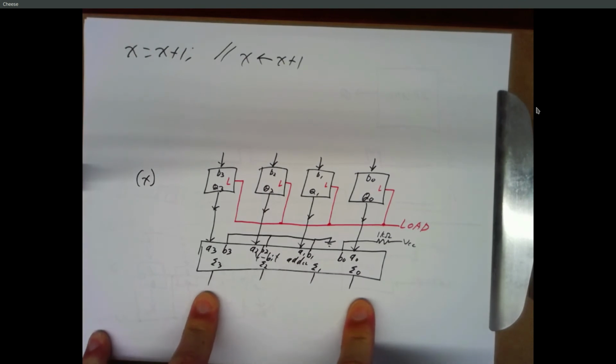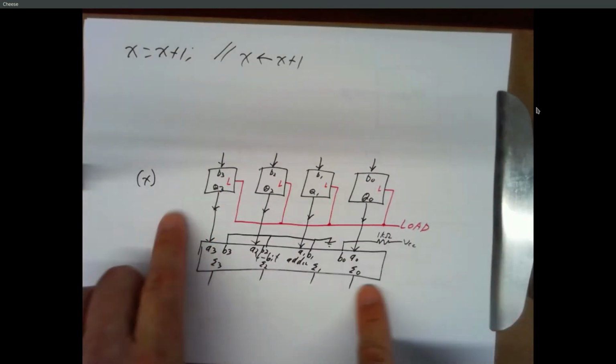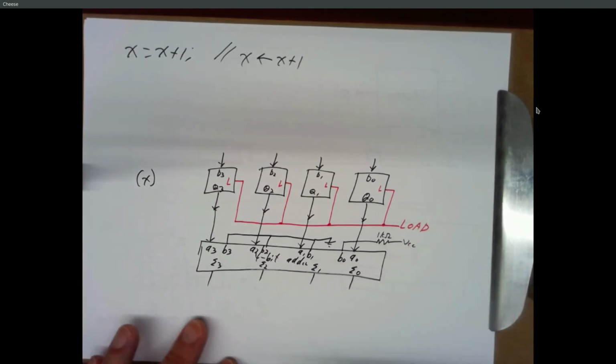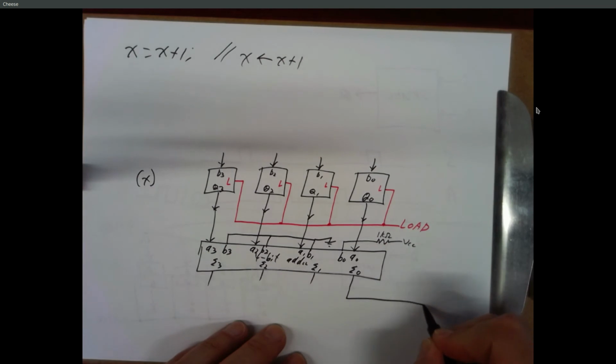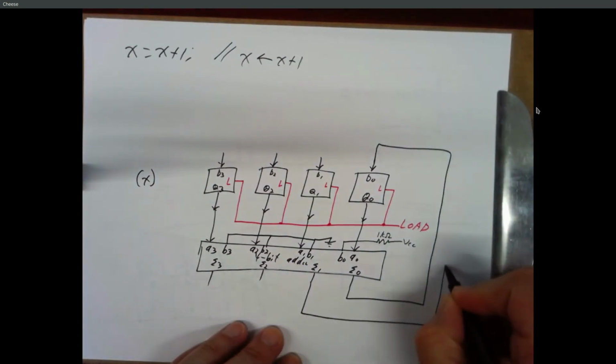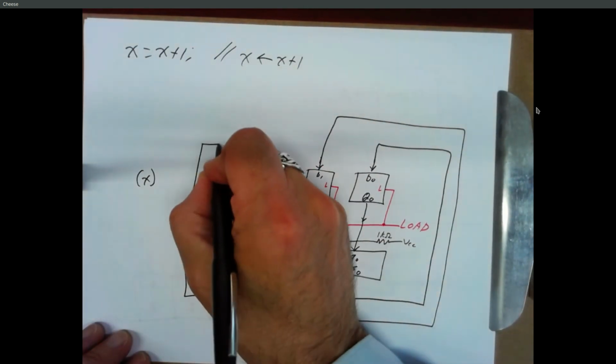Agreed? So if we want to load that back into X, all we got to do is feed these back into the D inputs and then raise the load line. And X will get incremented. So let's make some connections here. This goes up here. This goes over here. This goes here, and this goes there.